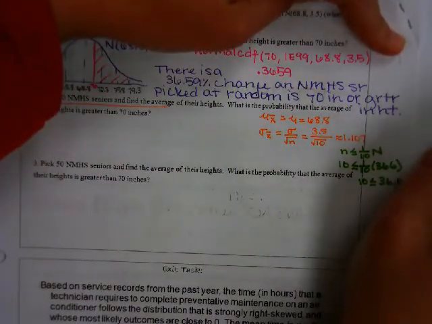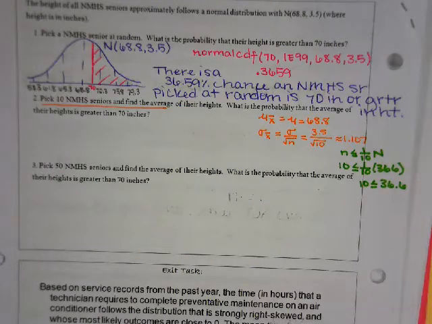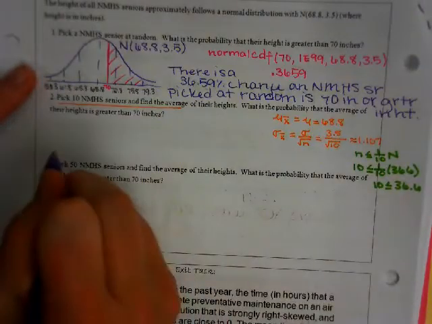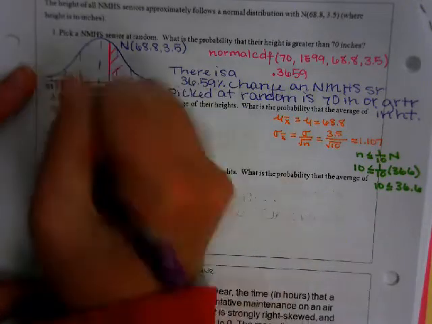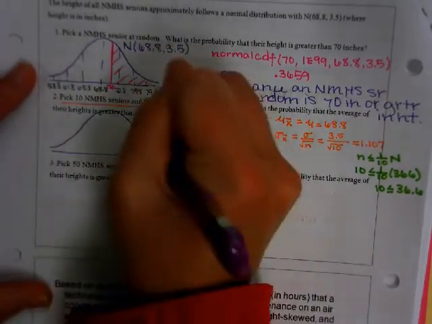Now we're going to draw our normal curve and find the probability that the average of these 10 seniors is greater than 70. So it's normal, mean of 68.8, but this time we're using a standard deviation of 1.107.